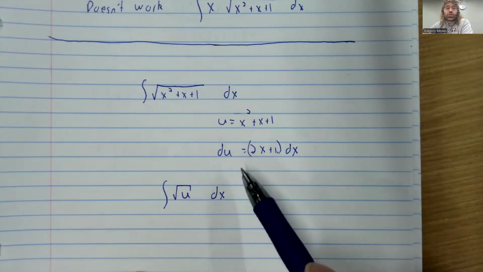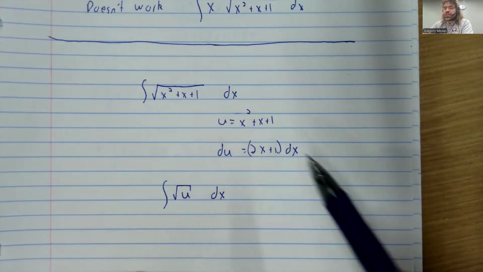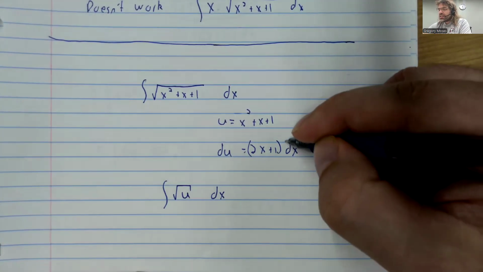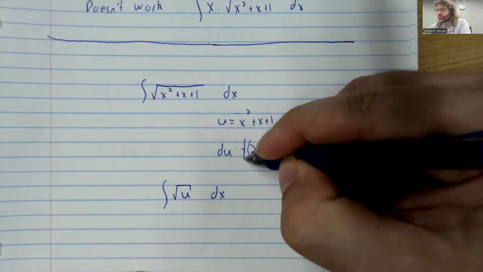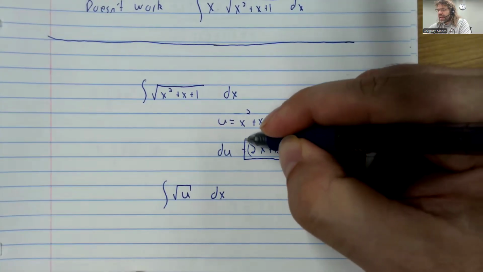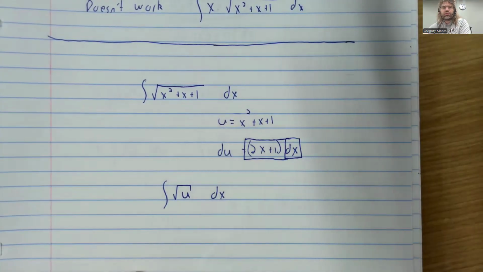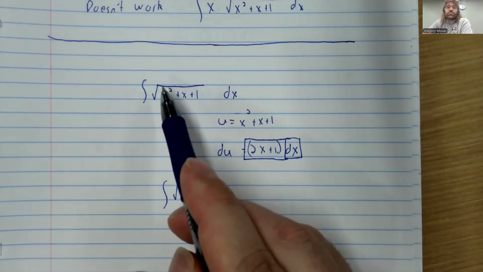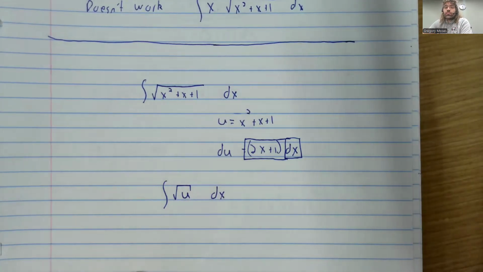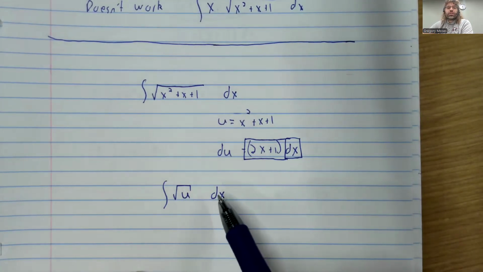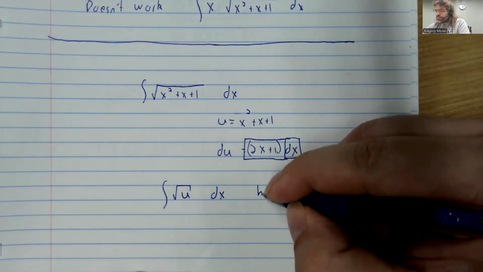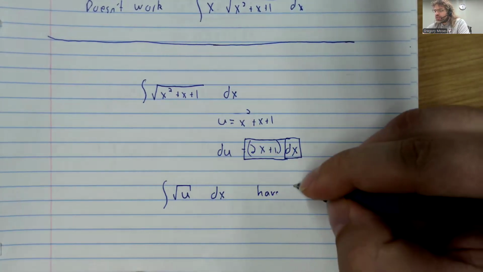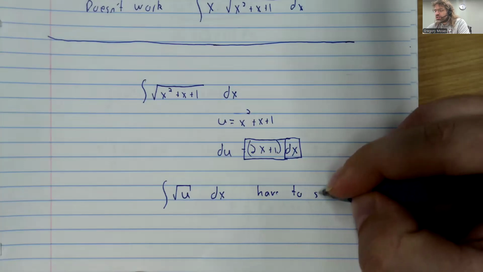Well, to turn this dx into a du, in addition to having the dx, we need to have the 2x plus 1. And we just don't. It ain't there. So we cannot turn the dx into du. And we have to stop.